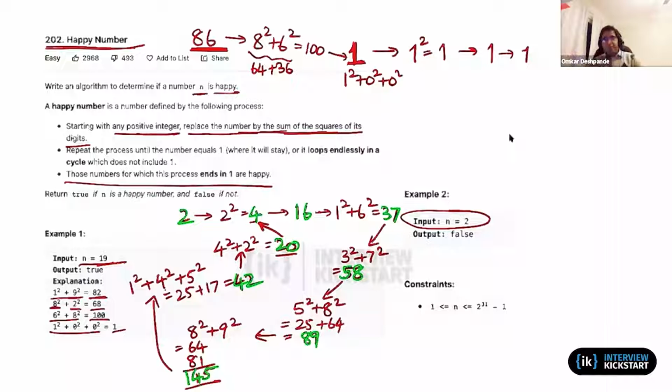So we don't get trapped at 1. We instead end up in a cycle, and because 1 is not part of that cycle, these numbers are considered to be sad numbers. They're not happy numbers. So what we want to do is to determine whether a given number is happy or sad.